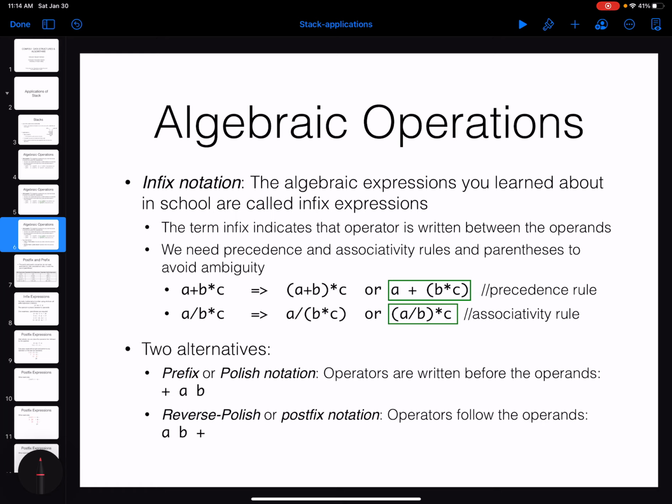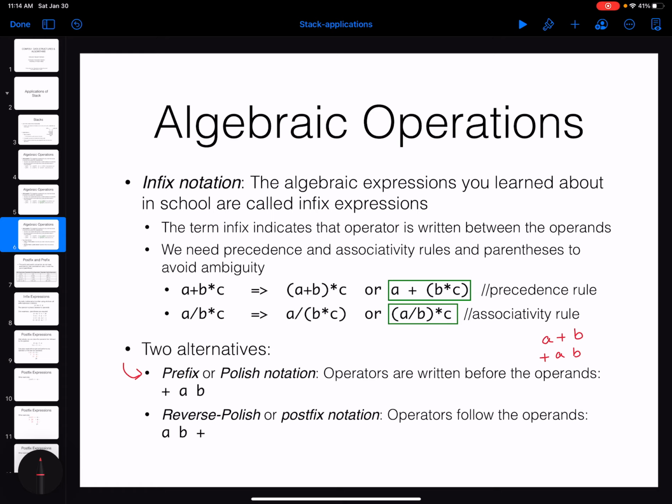The first one is prefix, which means that unlike infix notation that puts the operator between the operands, prefix notation puts the operator before the operands. So infix notation would write A plus B this way, with the operator between the operands. Prefix notation puts the operator before the operands, so A plus B will be written as plus A B in the prefix notation.